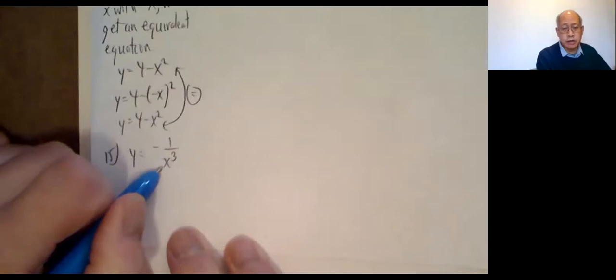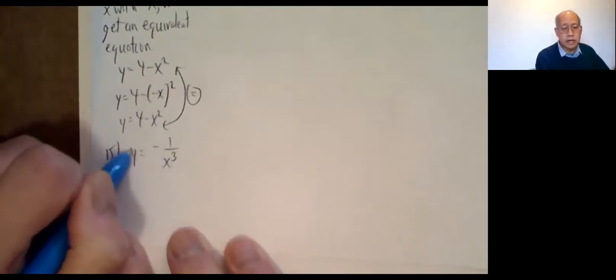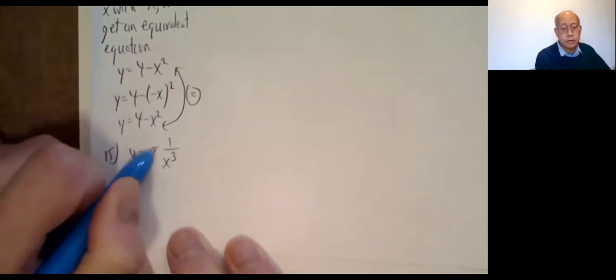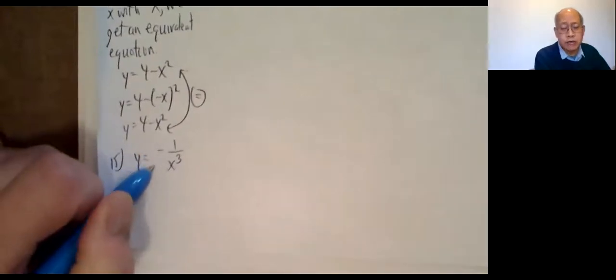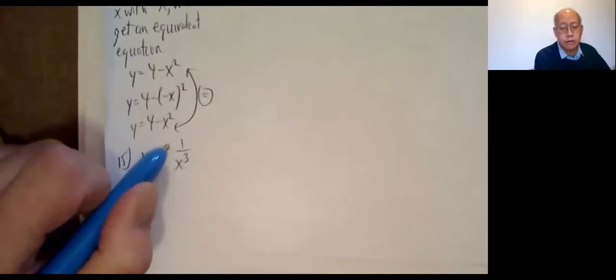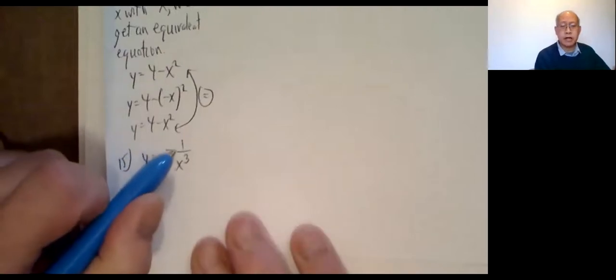I'm not allowed to plug in 0, right? So forget that. And I can't put a 0 here either. Why? You already have -1 over something. A fraction is equal to 0 when the numerator is 0, right? But the numerator is already -1.